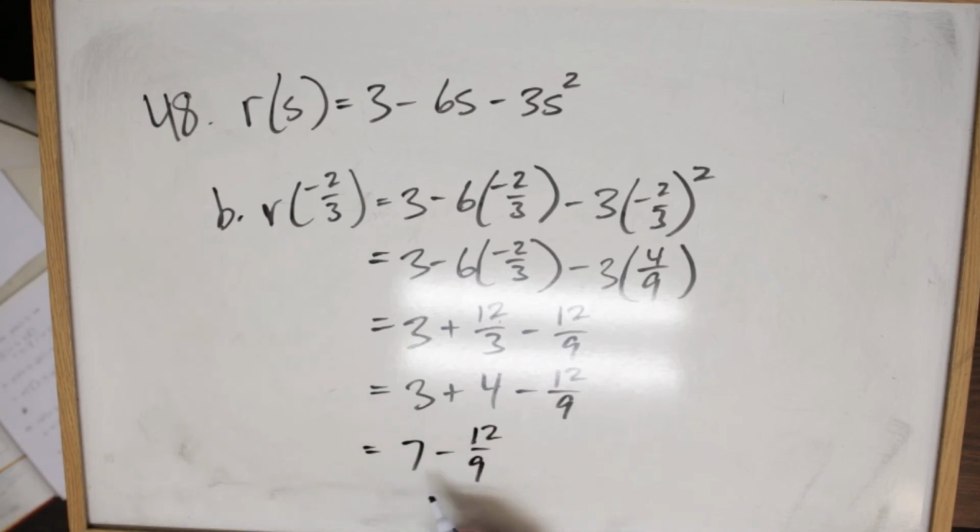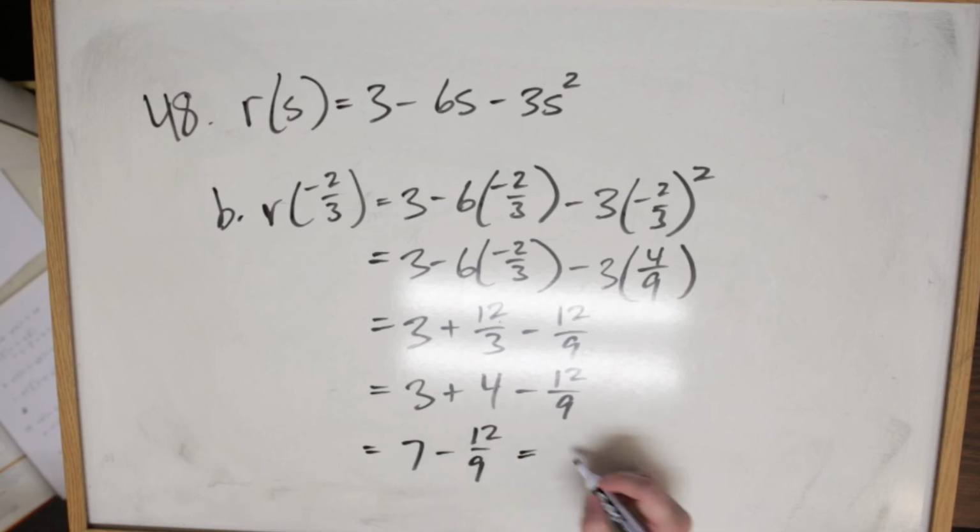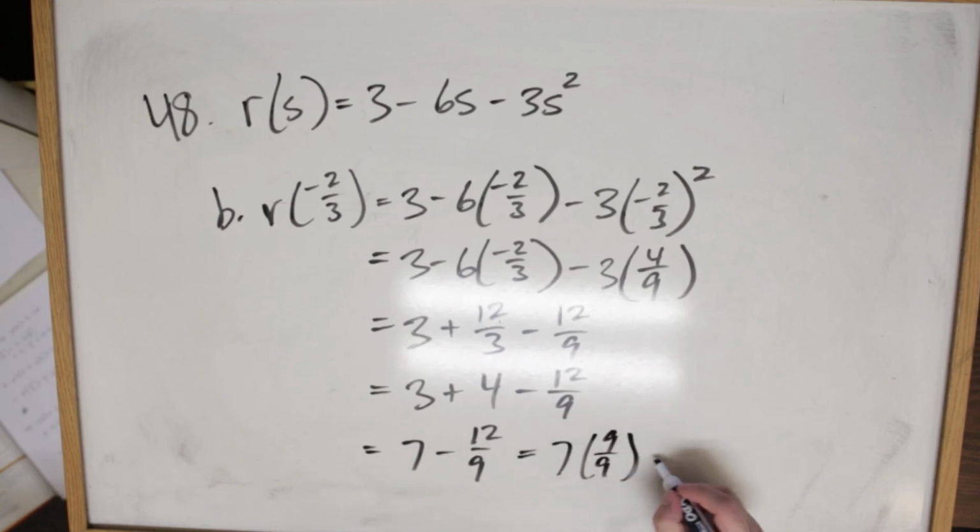Now, when we find common denominators, it's a lot easier. So 12/9, we're going to be using 9 as our denominator, which means that I'm going to multiply 7 times 9/9.